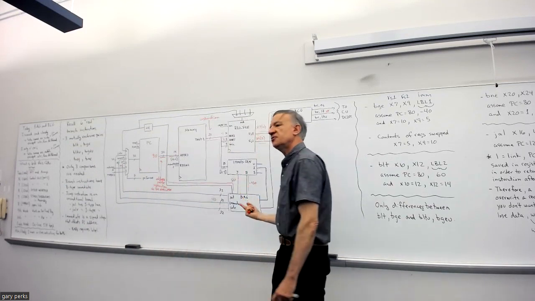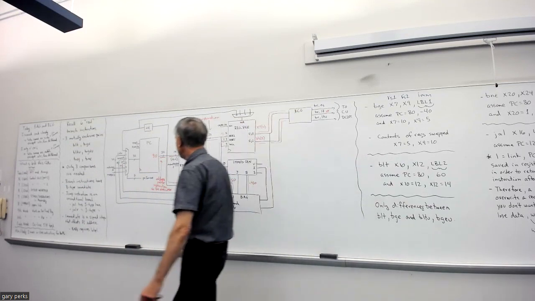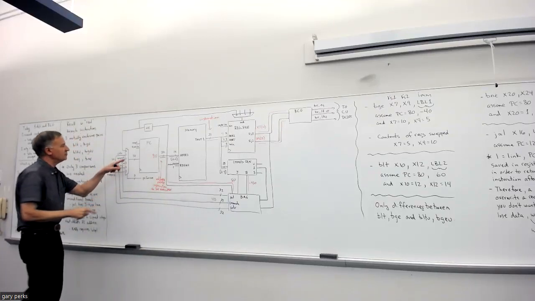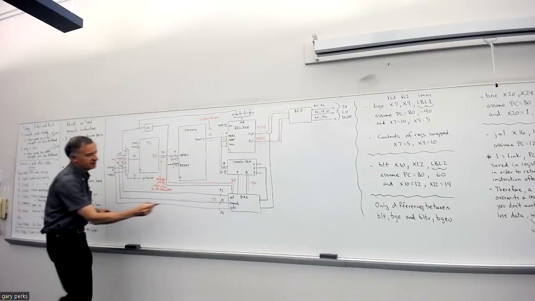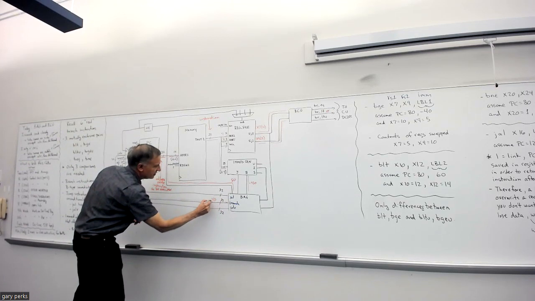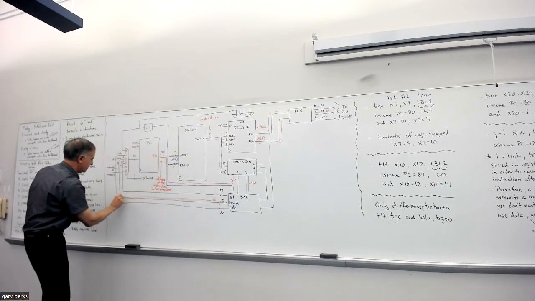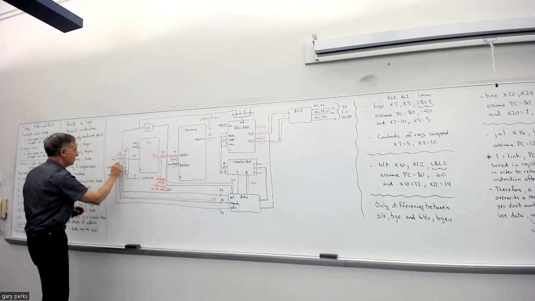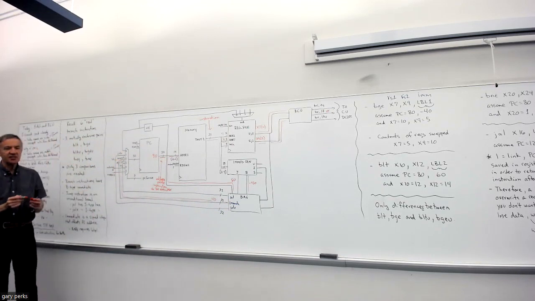So it's just adding those two together, puts 40 here, and it comes to input 2 of the mux.